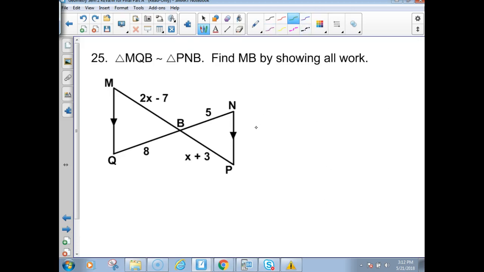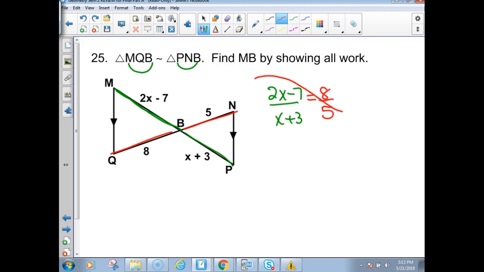On 25, we're asked to find MB. There's a similarity statement, and MB would be similar or proportional with PB. So here's MB. PB is proportional with it. So 2x minus 7 is to x plus 3, write a proportion, as 8 is to 5.